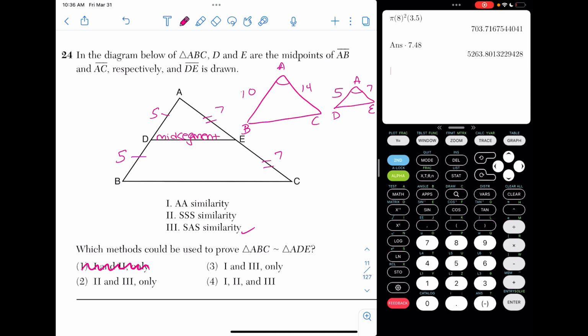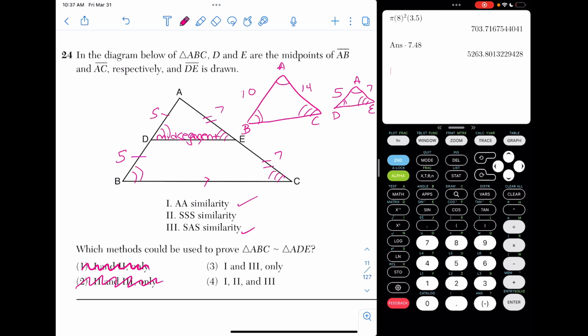So I know DE is parallel to BC. That means I'm going to get corresponding angles. And I'll use 2 marks for these just to keep it clear, and 3 for these. And you can see marking all over the place here, right? So definitely I have all my angles. I understand they're congruent. So choice 1 is going to work. I know, or Roman numeral 1 works. Choice 2 we're going to cross out now.